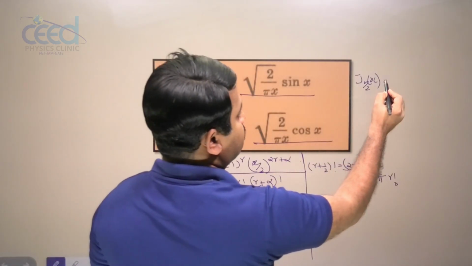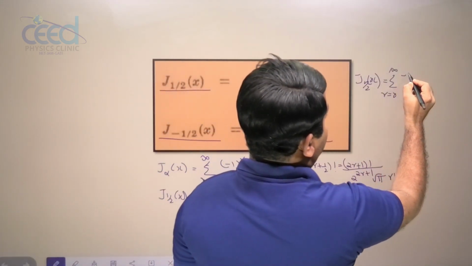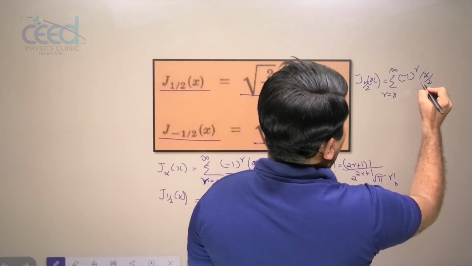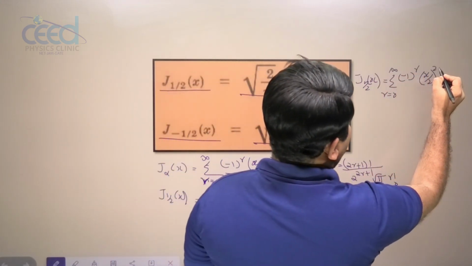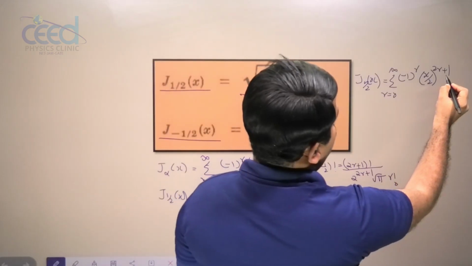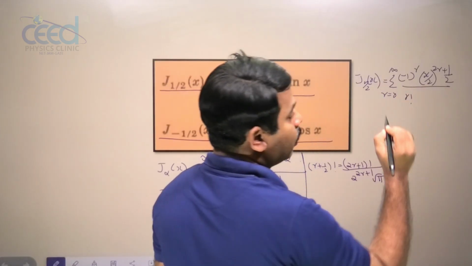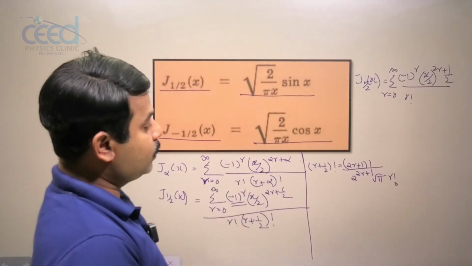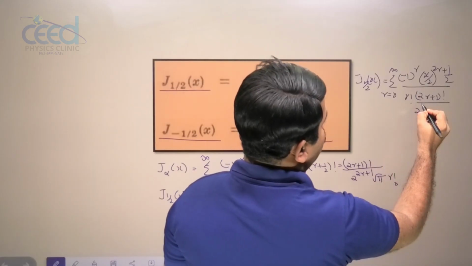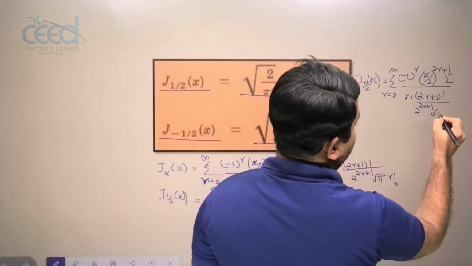So we write that here, sigma r is equal to 0 to infinity, minus 1 raised to r, x by 2 all raised to 2r plus 1 by 2, and r factorial into, r plus 1 by 2 factorial, that is 2r plus 1 factorial into 2 raised to 2r plus 1, into root pi, r factorial.